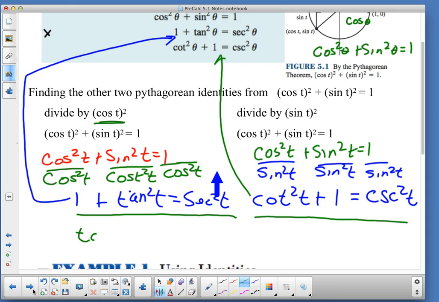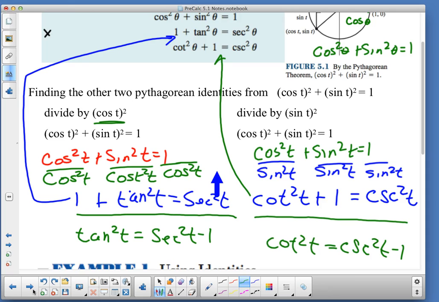So if I have tangent squared t, I can subtract 1 and find out that is the same as secant squared t minus 1. Okay, that's just a different version of 1 plus tangent squared t equals secant squared t. Also, I can say that cotangent squared t is equal to cosecant squared t minus 1.